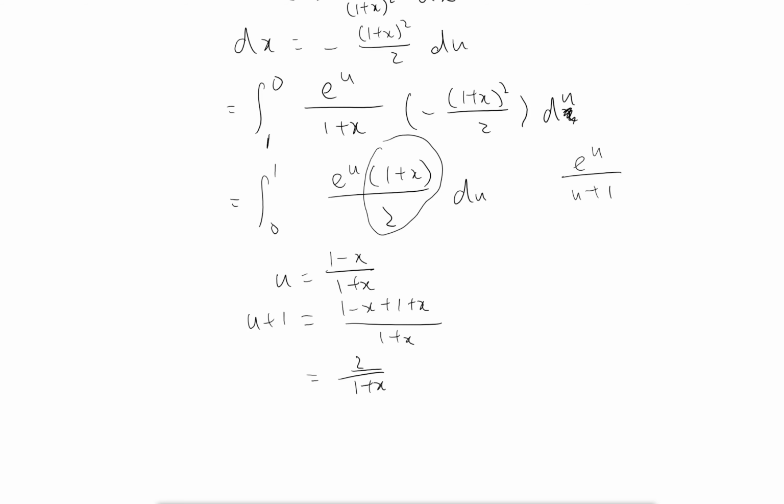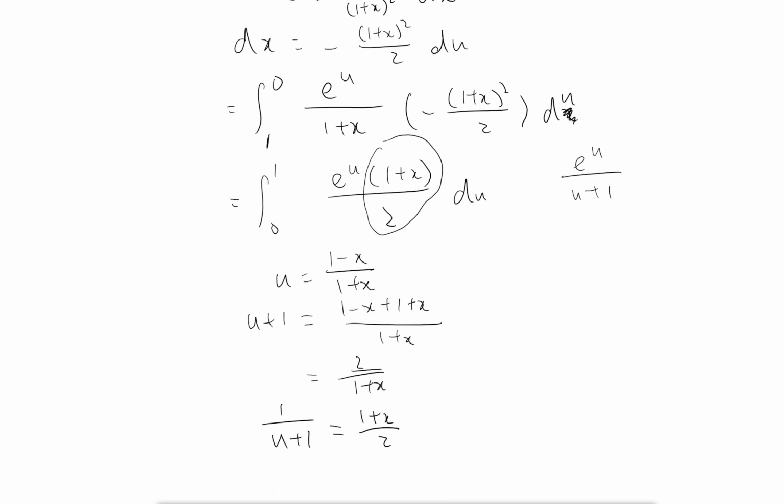So what's going on here? In the integral, I have (1 plus x) over 2. That's essentially the reciprocal of it. So what I want is 1 over u plus 1, actually. 1 over u plus 1 equals (1 plus x) on 2, which is exactly what I could substitute into the integral.